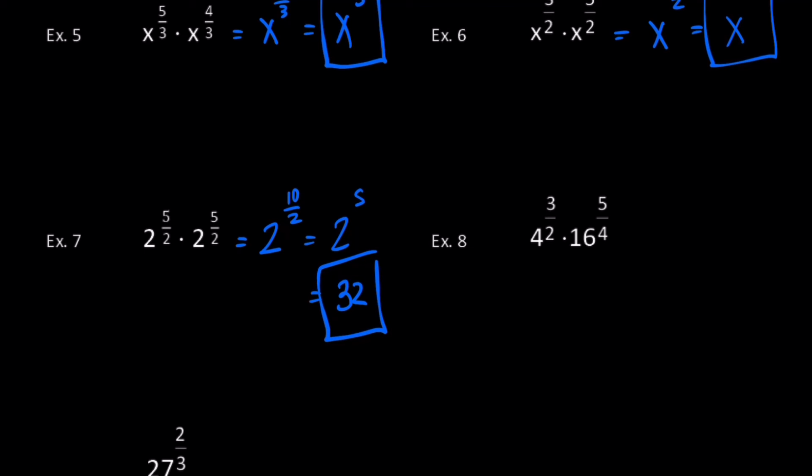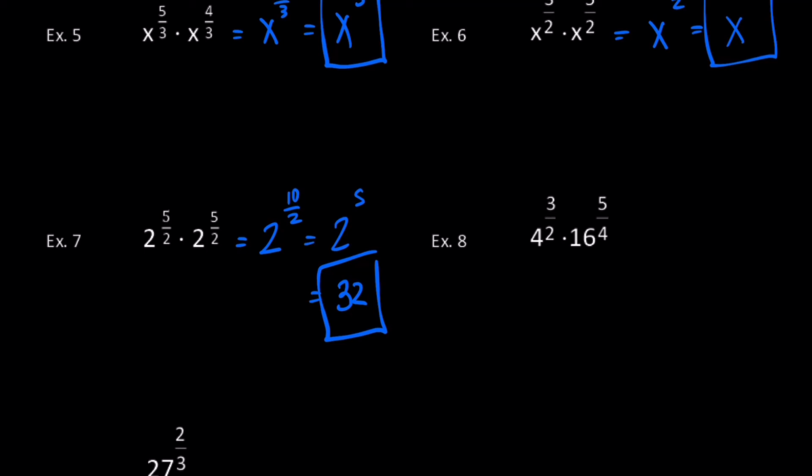Now this one I can't combine because notice here the bases are the same, the bases are the same, so I can apply my properties of exponents. But here the bases are different. So what we're going to do here is work with each one of these independently.